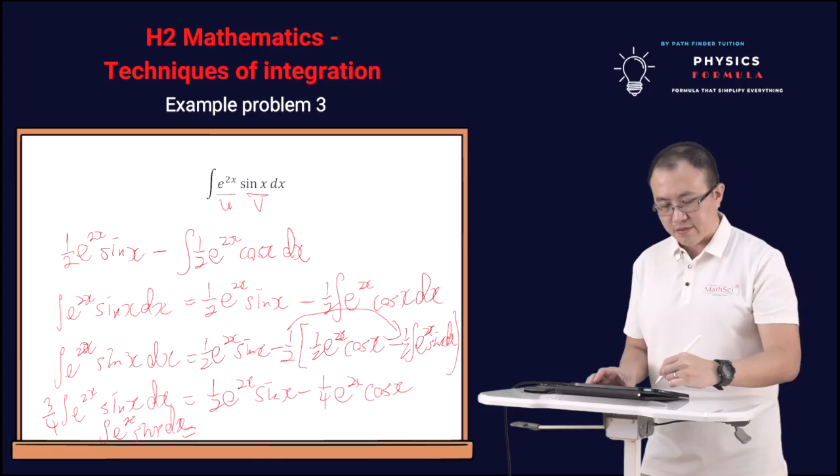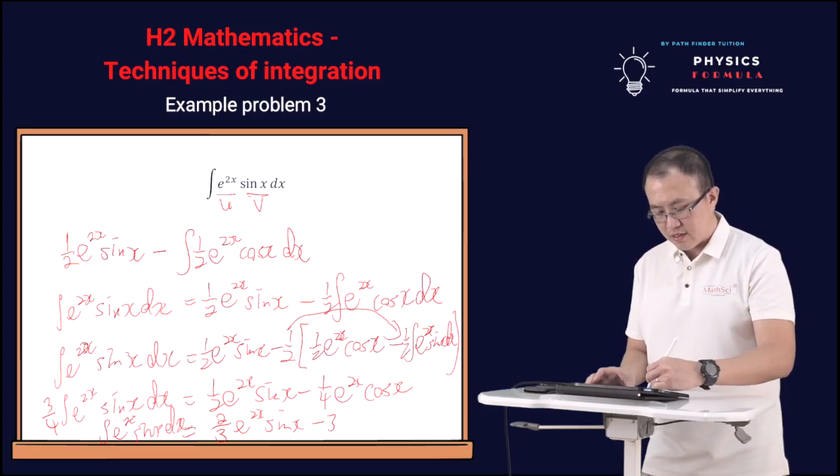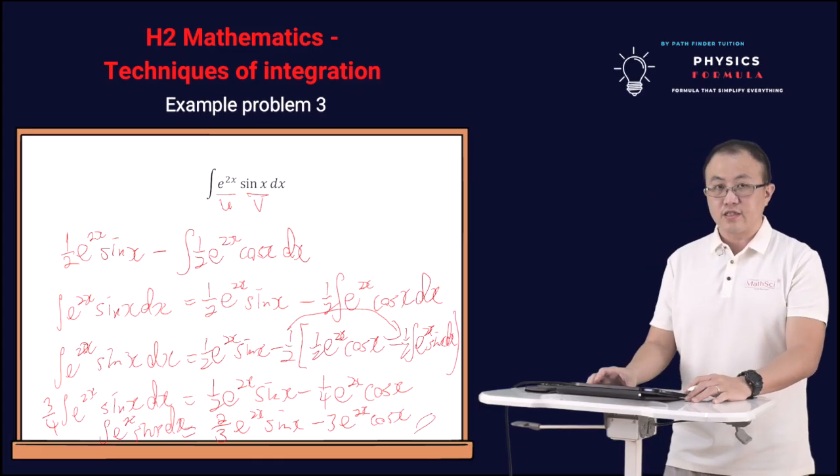So 4/3 times half, you will get 2/3 e to x sine x minus, okay, just 3e to x cosine x. This is your final answer.